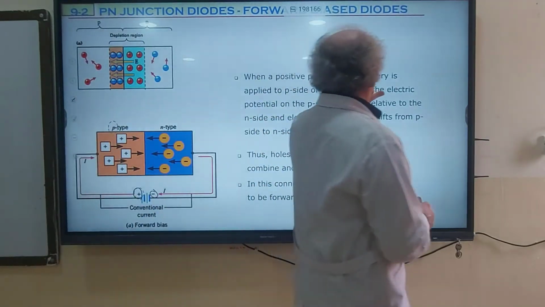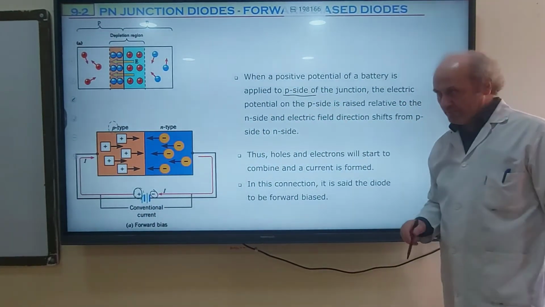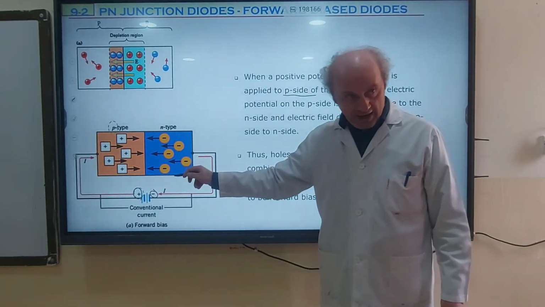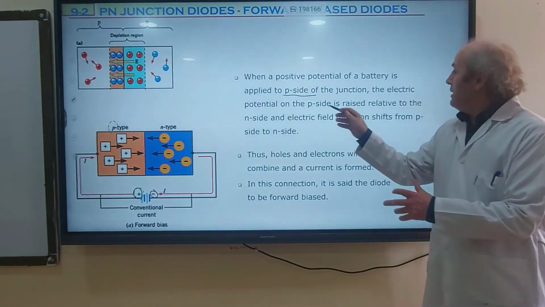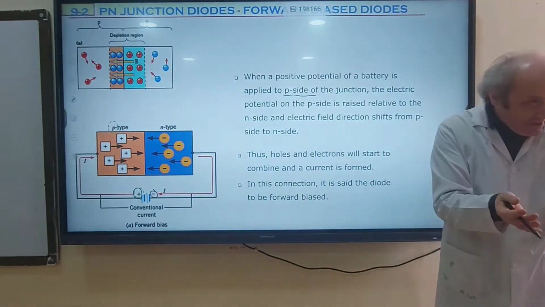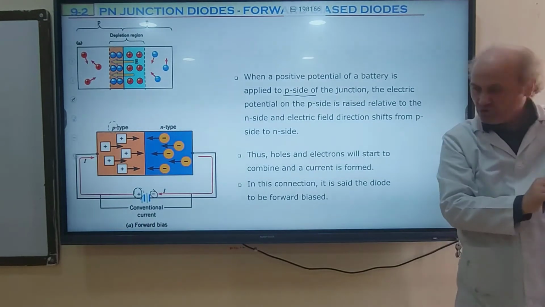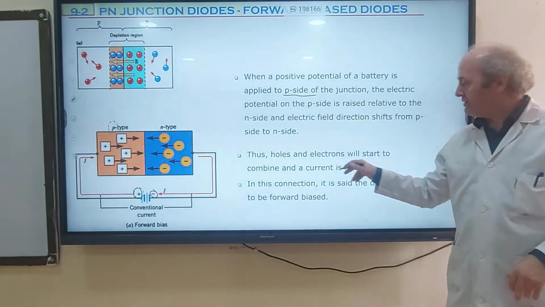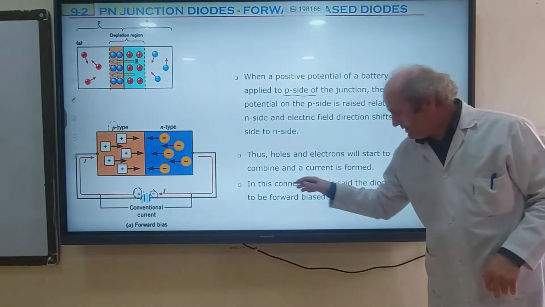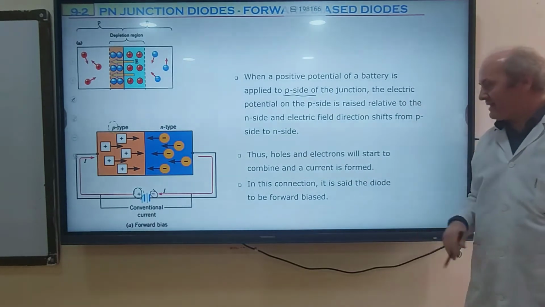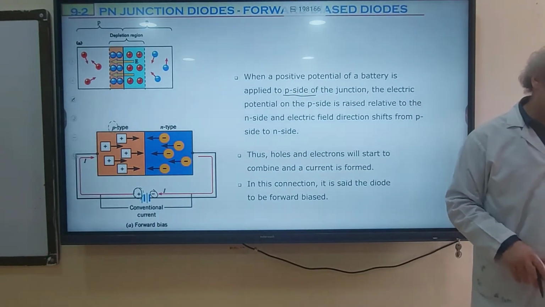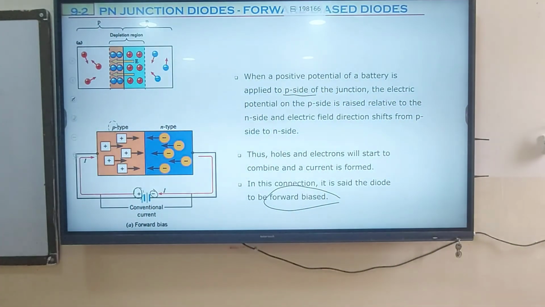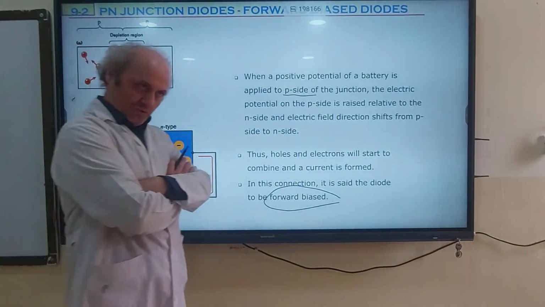When a positive potential of the battery is applied to the P side and negative potential is applied to the N side, the electric field direction will shift and the potential barrier will also change. Thus, holes and electrons will start to combine again, and current will be formed. In this condition, it is said that the diode is forward biased. It lets electric current. Now we know how to make a diode letting electric current in one direction.